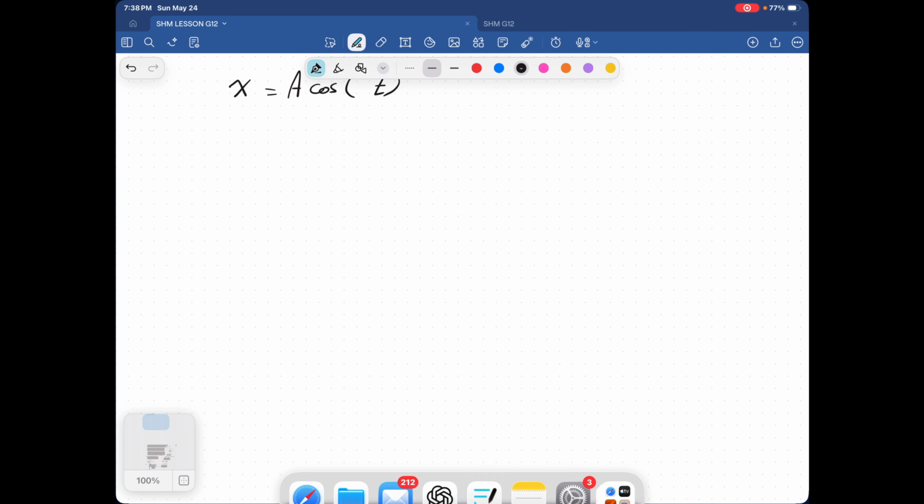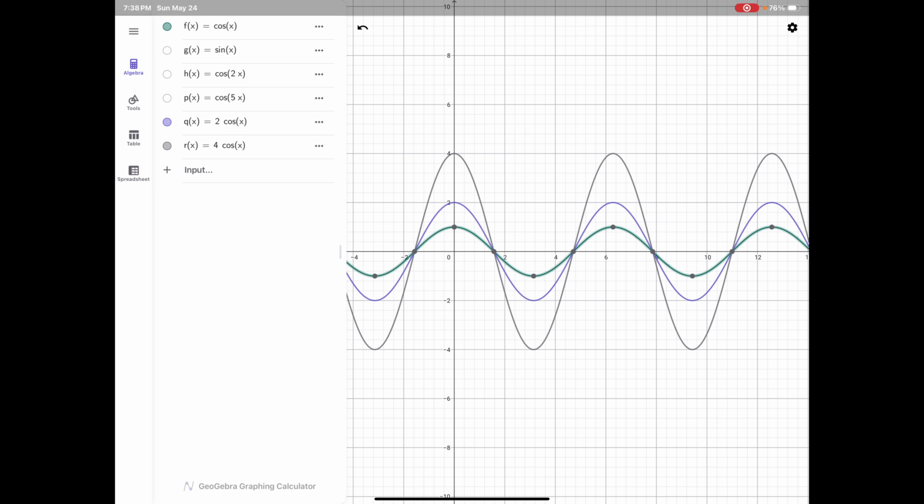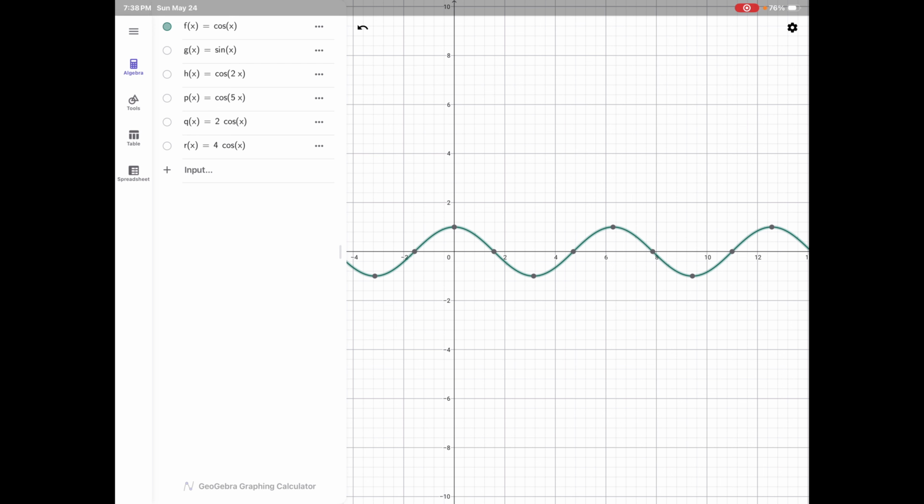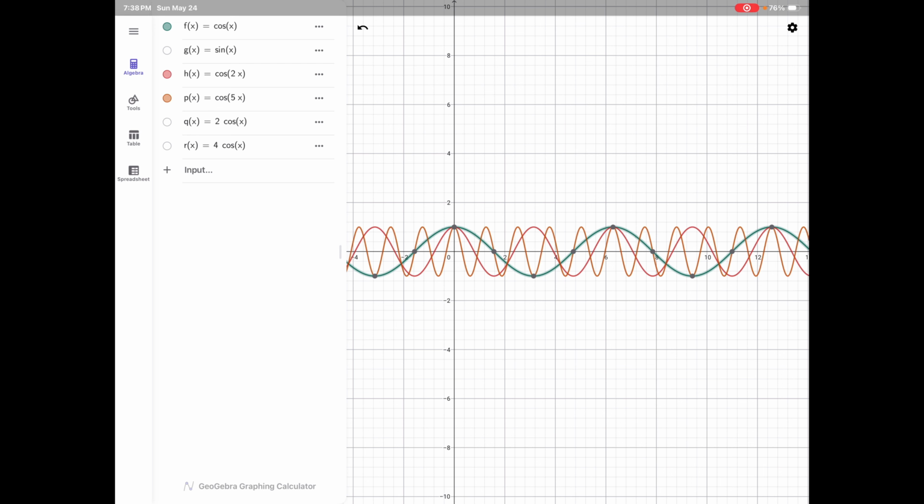But again, Mr. Mahdi, not all functions move at the same speed. For this, we introduce the following functions. As you can see, the green function, cosine x, is moving slower than cosine 2x, meaning cosine 2x is changing faster. It is zigzagging more often than cosine x.